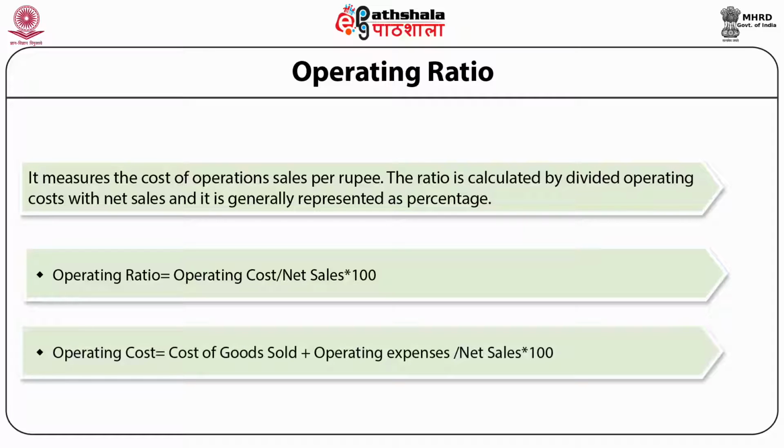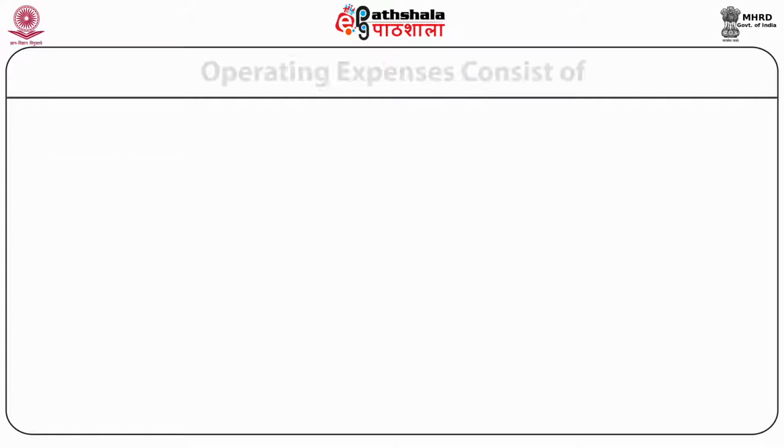Operating cost is equal to cost of goods sold plus operating expenses, divided by net sales multiplied by 100.